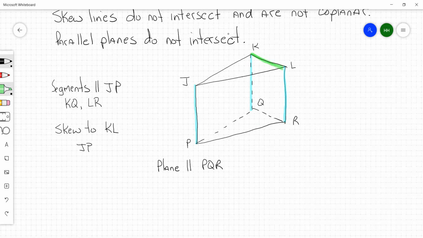The top, and that would be plane JKL. So plane J, K, and L. All right, so some examples of parallel lines, parallel segments, parallel planes, and skew segments.